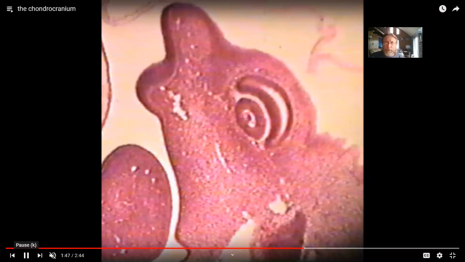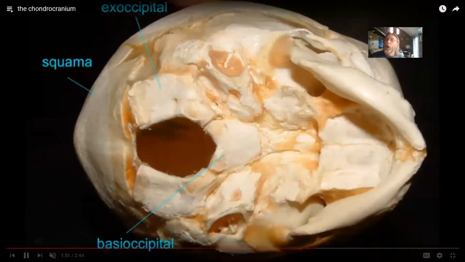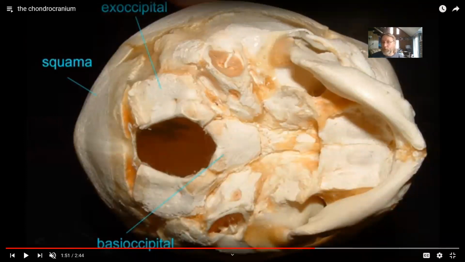However, there is a second way to make bone: to start off with cartilage first and then turn that into bone. So you can either just make bone and it gets bigger, or you can make cartilage that then is converted into bone. And when you look at the skull of a developing fetus, you could ask the question, what kind of bone do we find in the skull?